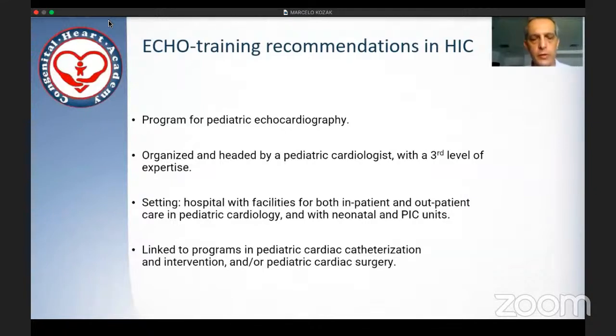These programs for pediatric echocardiography are linked to programs in cardiac surgery and catheterization. It is totally feasible in LMIC, and this is what I have seen in the places I've been working in Brazil.